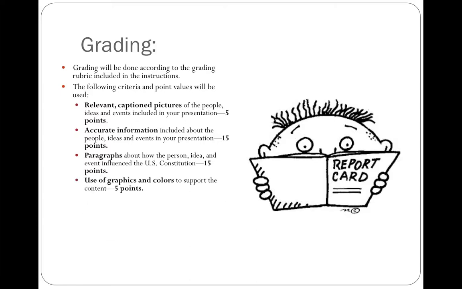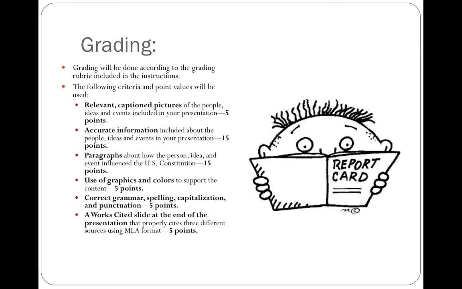Use of graphics and colors to support content, 5 points. Incorrect grammar, spelling, capitalization, and punctuation, 5 points. A works cited page at the end of the presentation that properly cites 3 different sources using MLA format, 5 points. Total points, 50. Take your time, do a good job. This can really help your grade out.